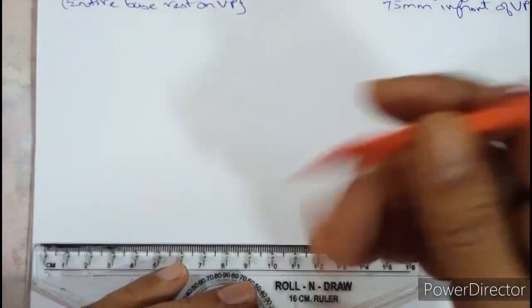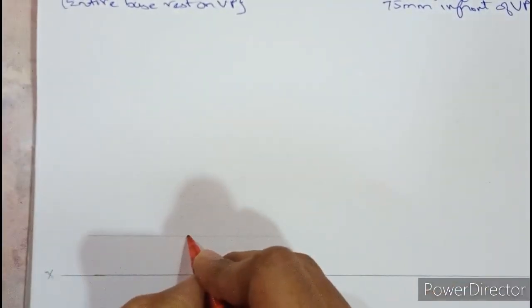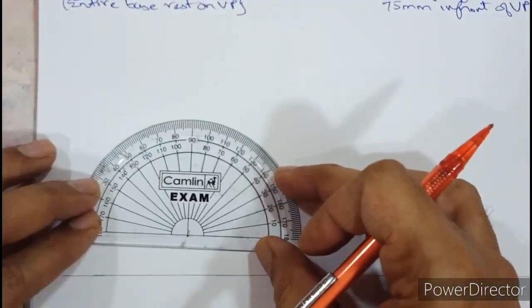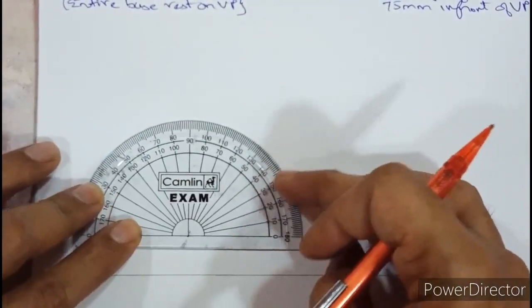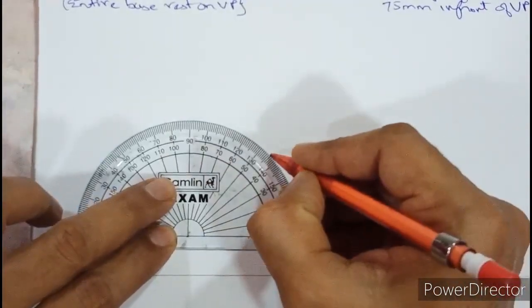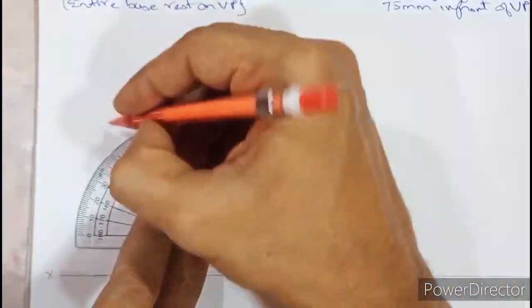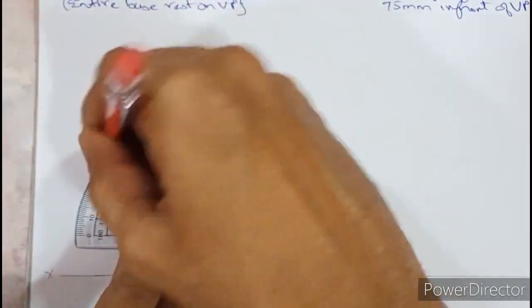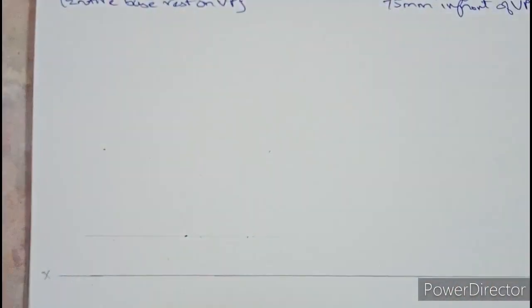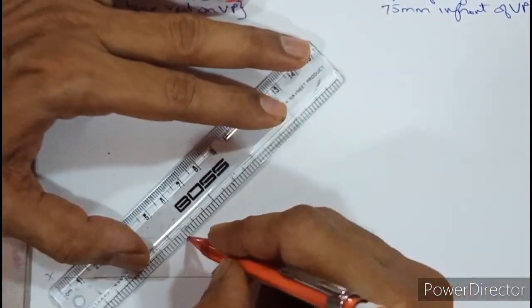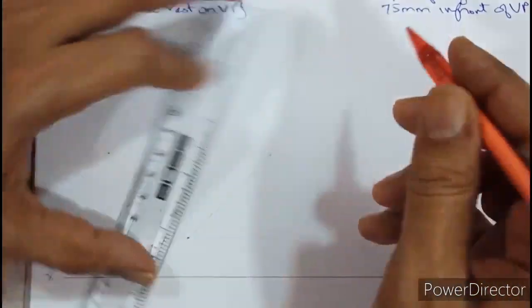You can align with the XY line, slide up, draw a light line, mark a point arbitrarily and keep your protractor at that point and mark 45 degrees with respect to horizontal from both the sides. With the scale we will join that 45 degree mark with the arbitrary point you marked before. So draw two light lines.